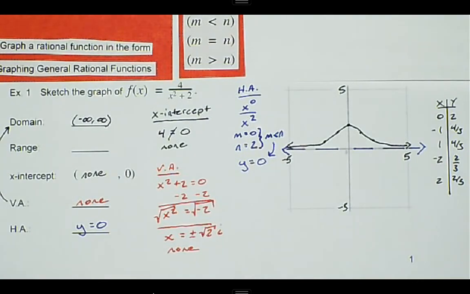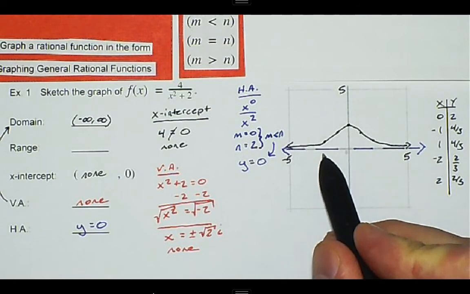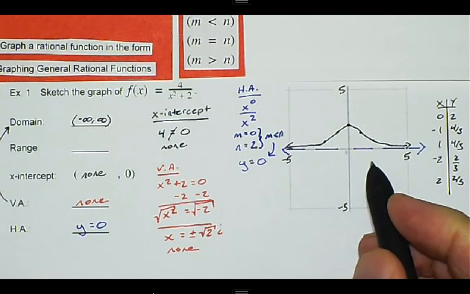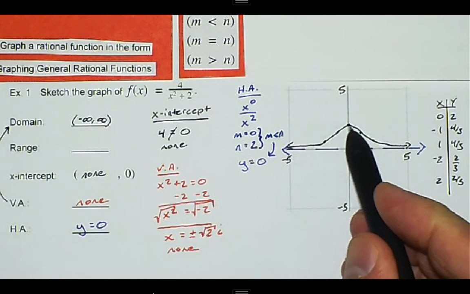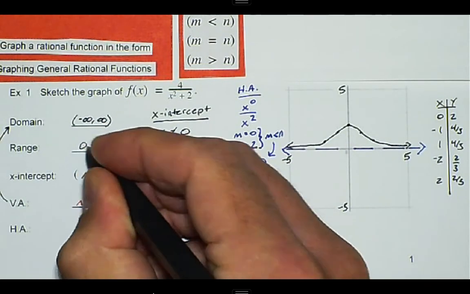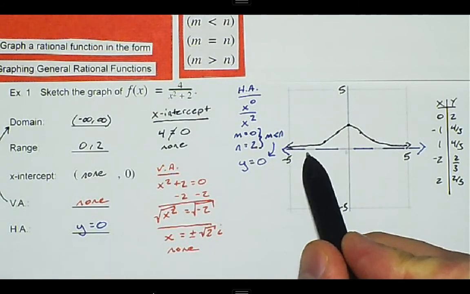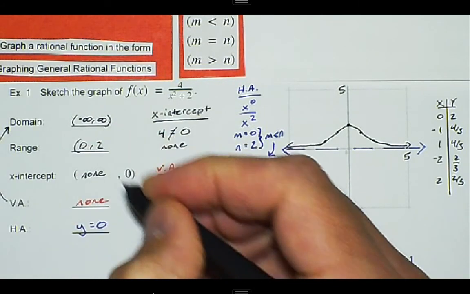The range, in this case, there's nothing below the x-axis, and it only goes up as high as 2. So we know we're going to start at 0 and we're going to go to 2. Now, the 0 is not included, so we're going to use parentheses.